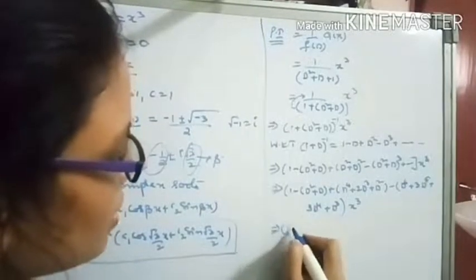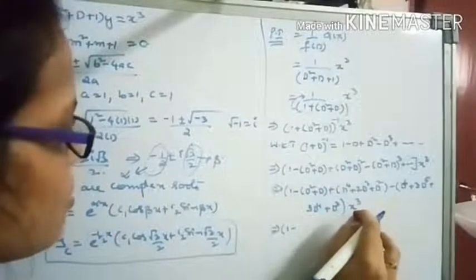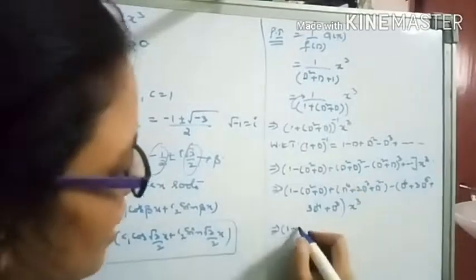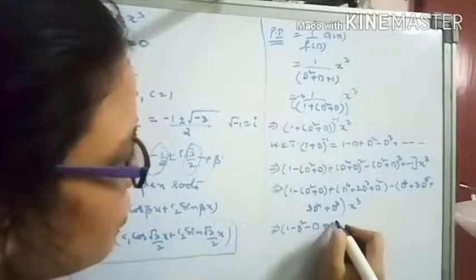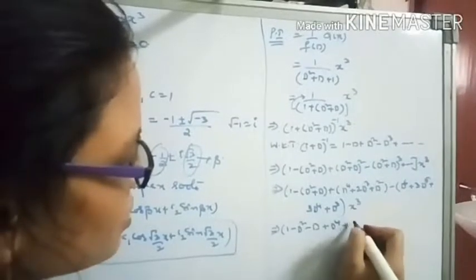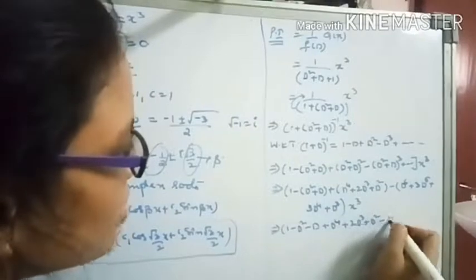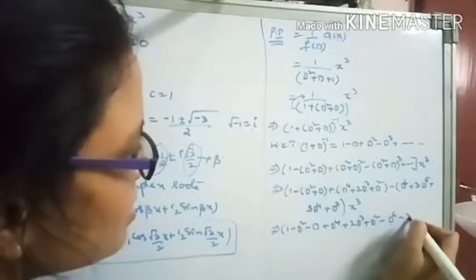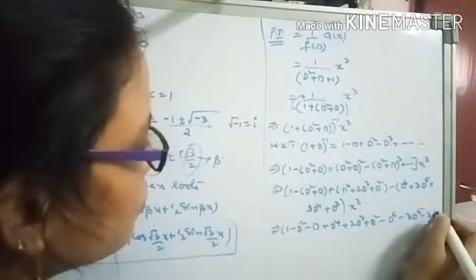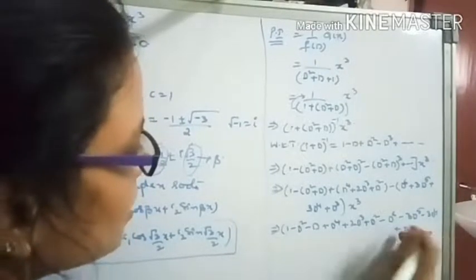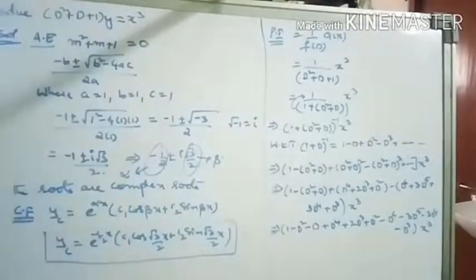We will solve first the terms in the bracket only, then later we'll operate with x cube. 1 minus D square minus D plus D power 4 plus 2D cube plus D square minus D power 6 plus 3D power 5 plus 3D power 4 plus D cube, x cube.